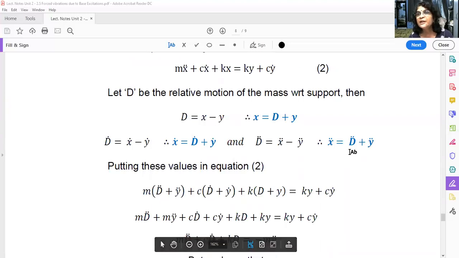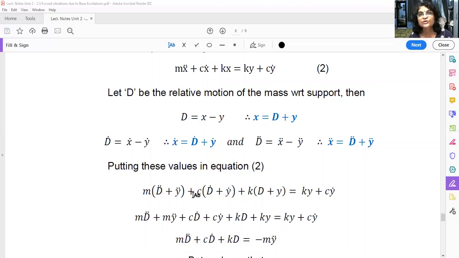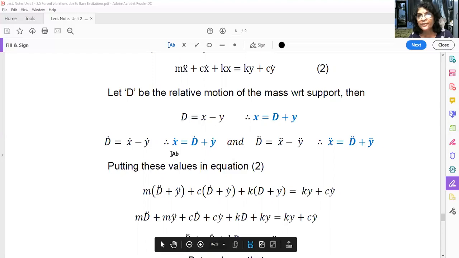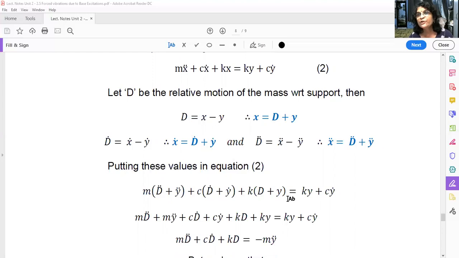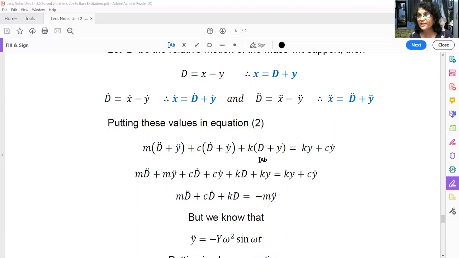D double dot plus y double dot, plus c into x dot, so D dot plus y dot, plus k into x, so x is replaced by D plus y, is equal to, the right hand side you keep as it is, k y plus c y dot. Now everything here is in terms of the relative term D and y.